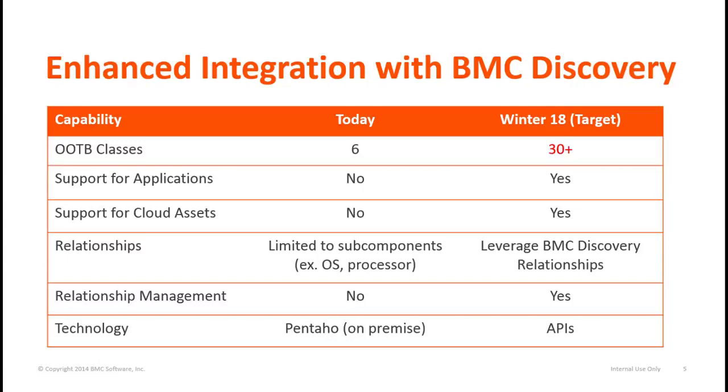So after 7 scans, if Discovery does not find it in the BMC Discovery solution, it will be flagged as inactive. And again, that's configurable, so you can change that to a higher or lower number of scans. Point being that once it's flagged as inactive in Discovery, that property is also synchronized in Remedyforce, so you'll have the ability to filter and also identify what's active and what's inactive.